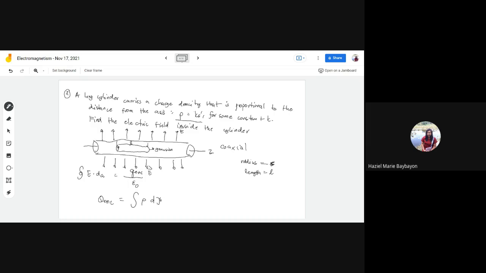This is equal to the integral of k s prime, and then your d tau in cylindrical coordinates. What is d tau for a cylindrical coordinate system?